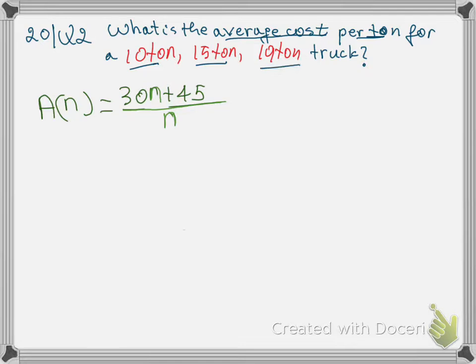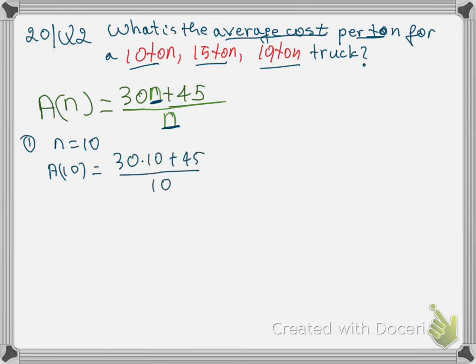The equation is A(N) equals 30 times N plus 45 over N. To calculate our average cost, we plug the number of tons into the equation. Here's scenario 1. N is 10, so we're evaluating A of 10. That's 30 times 10 plus 45 over 10.